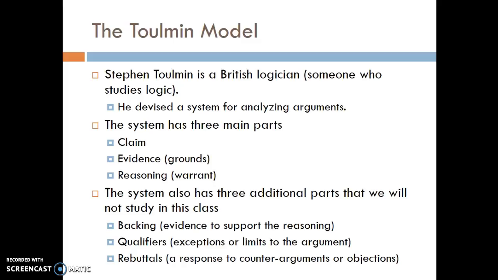Grounds and warrant are Toulmin's original terms, but a lot of writers and teachers find that evidence and reasoning just sounds a little more familiar and a little more easy to grasp. He also has three additional parts that we're not going to talk about in this course, which are backing, qualifiers, and rebuttals. If you look up the full Toulmin system online, you'll often see these, but we don't really need to cover them in this course.